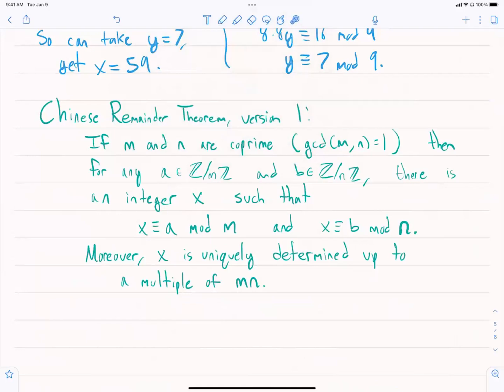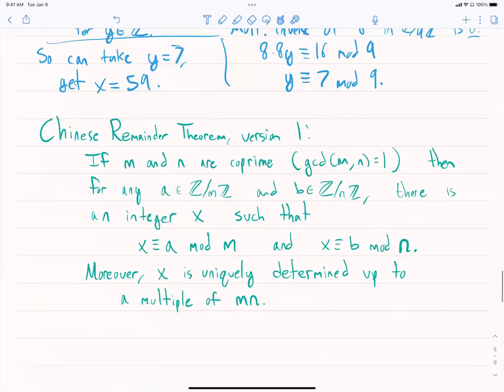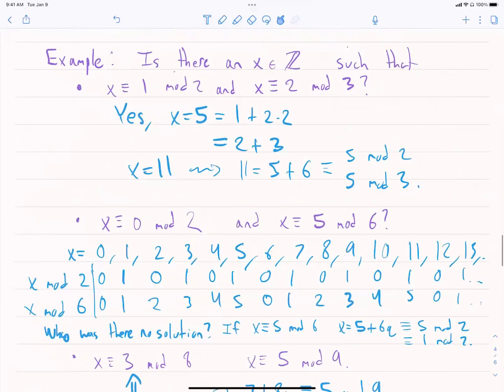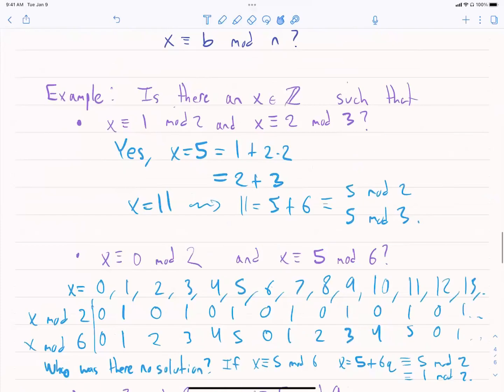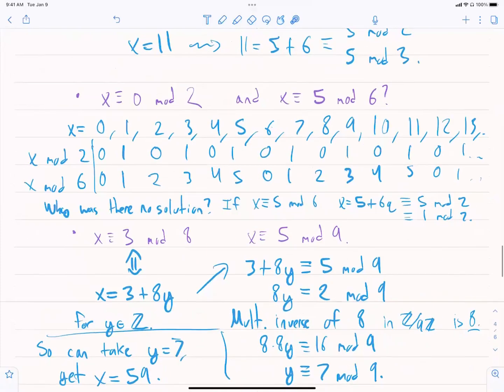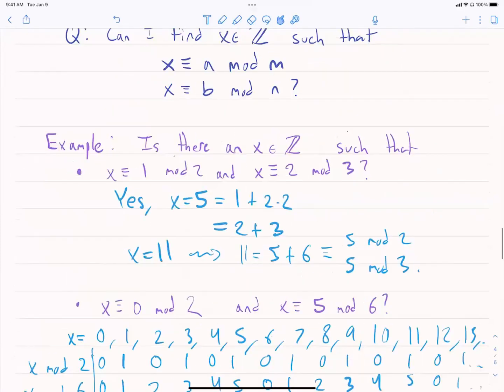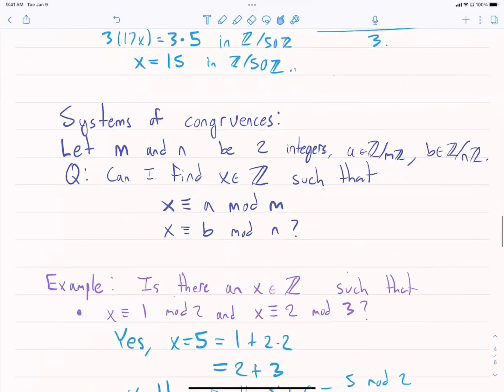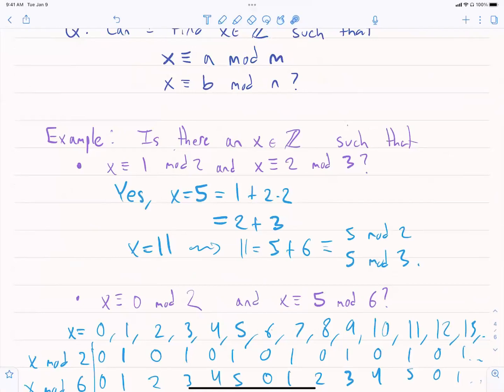Okay, and then if you think back to what we were doing up here, where we saw this table is repeating every 6, at some point I was talking about how I could take x equals 5, but I could also replace that by adding a multiple of 6, and I'd still get a different solution.